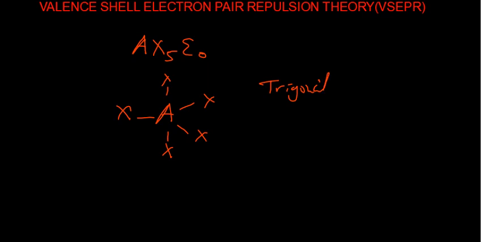Trigonal bipyramid. Okay, I need to put an I here. I've forgotten the spelling for bipyramid. Alright, bipyramid. So why are we calling it trigonal bipyramid? That is because this down part is making like a triangle, that is trigonal.